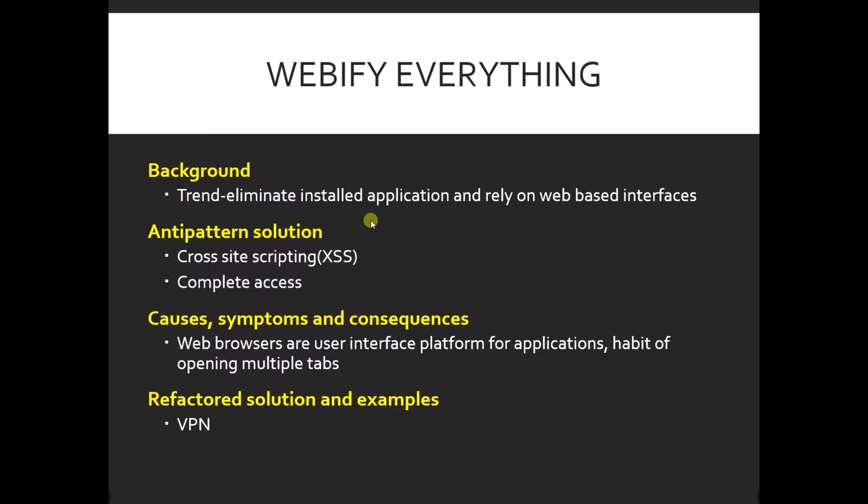The refactored solution and example includes software virtual private networks, that is VPNs, which provide out-of-band separation of communications across public networks, and this means that interception of packets using technologies like network sniffers is prevented or can be prevented.